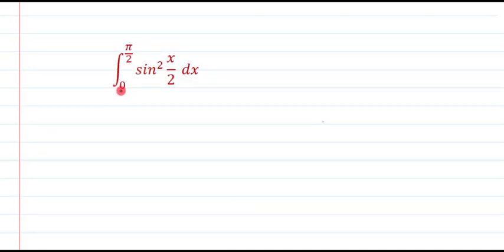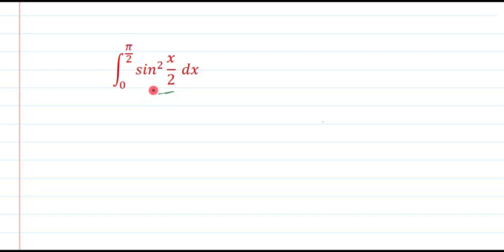The second example is 0 to pi by 2 limit of integration, and the function is sin square (x upon 2) dx. I hope till now you understood that the first step is to find out the indefinite integration of the given function, and that you have already studied very well in the previous section.